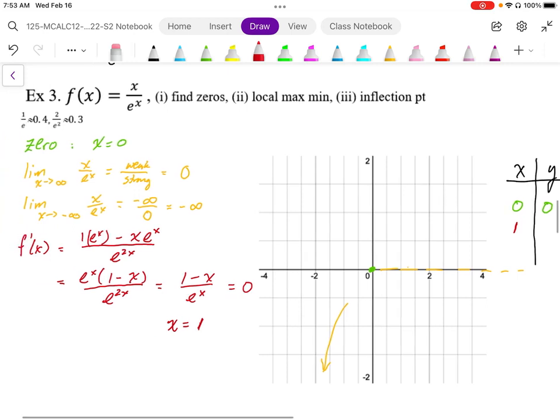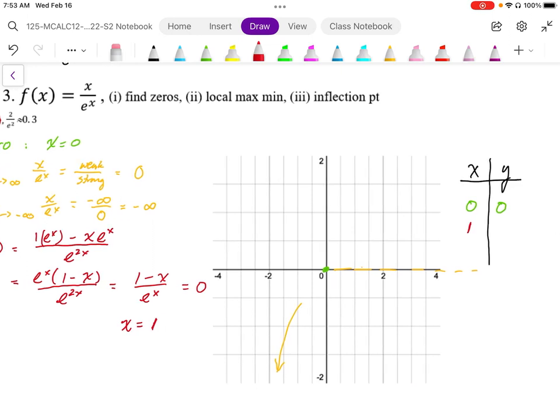And we've established that that's about 0.4. So that's going to be 1 over e, which is approximately 0.4. So at x equals 1, right around here, we're going to have y equals about 0.4. Okay, sorry, 0.4 is going to be more like this.